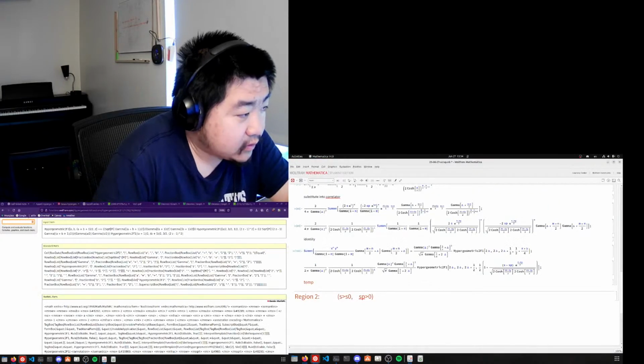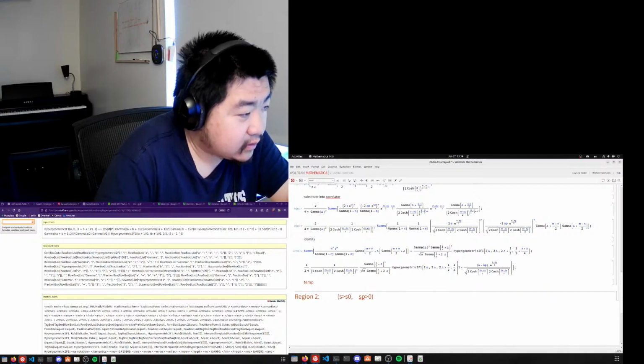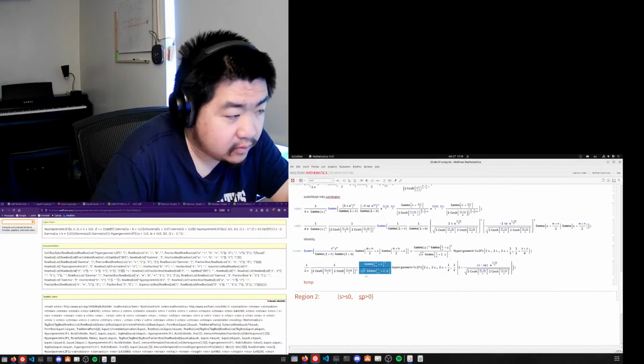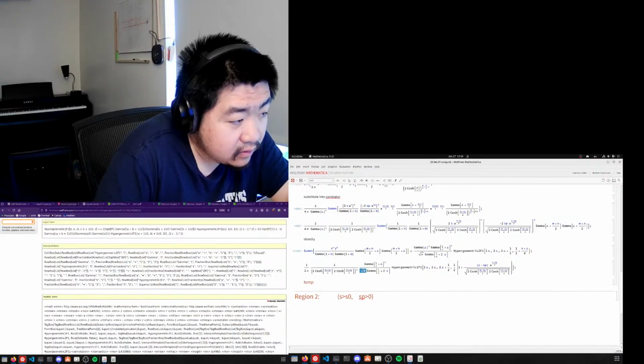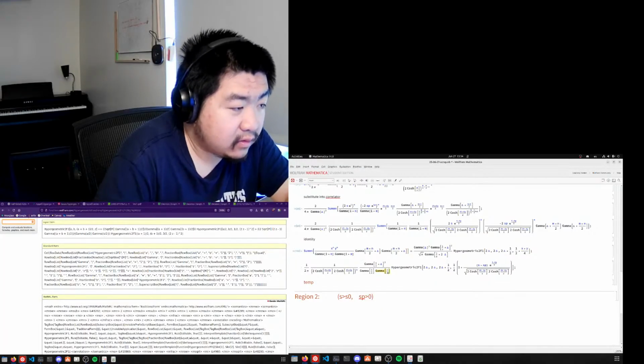This reduces to 2pi, which is kind of nice. This gets rid of this, which is also kind of nice. Yeah, just kidding. Doesn't matter.